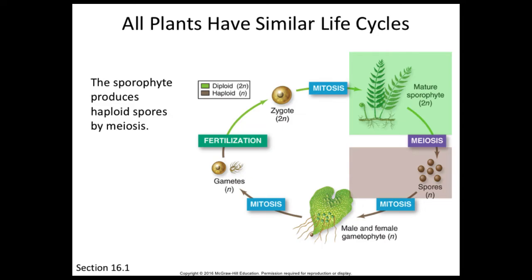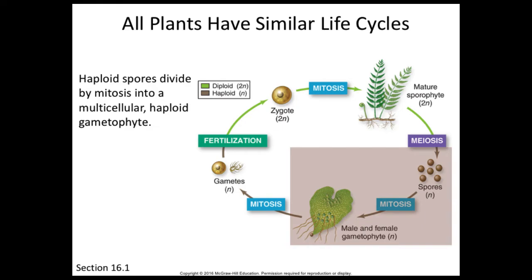And this is unique because if you remember back from when we learned about human reproduction, humans make their reproductive gametes by meiosis, but plants make their spores by meiosis. Those spores then divide and grow into the next part of the plant's life cycle, which is called a multicellular haploid gametophyte.